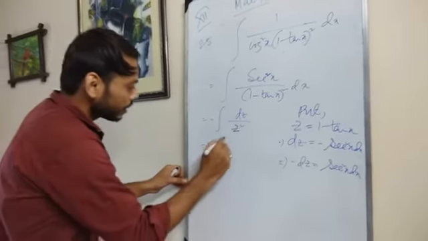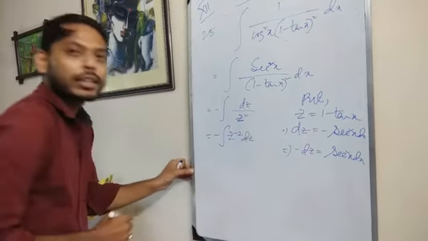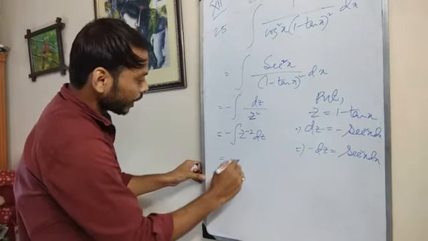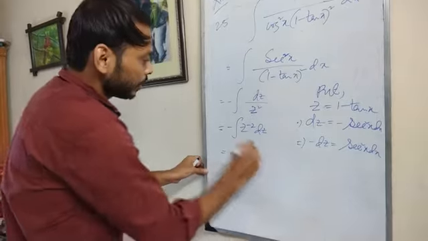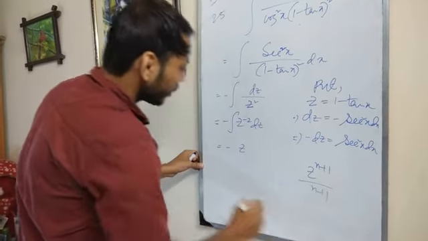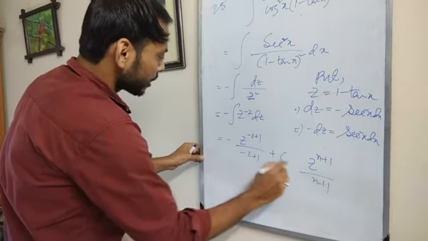So minus integration z to the power minus 2 dz. Now we will do the integration. After doing the integration, you know the formula x to the power n plus 1 by n plus 1. That means minus 2 plus 1 by minus 2 plus 1 plus c.